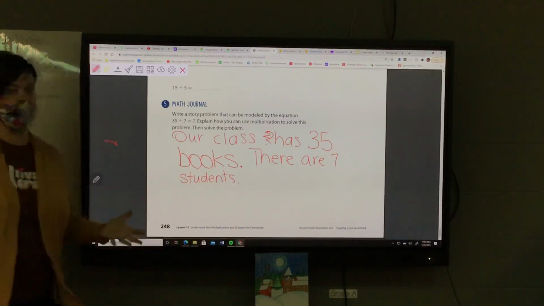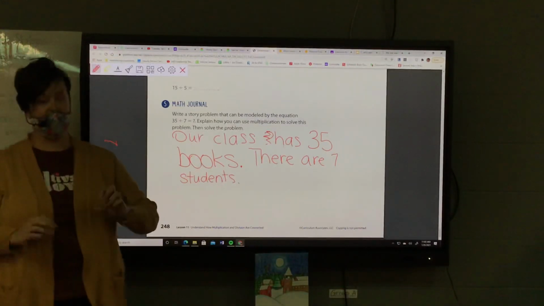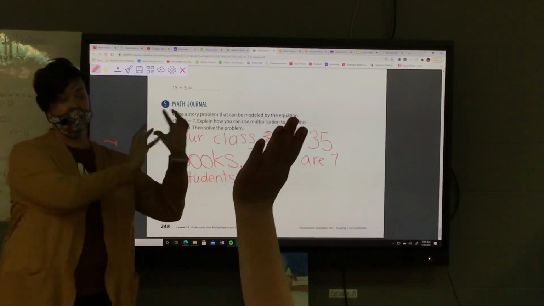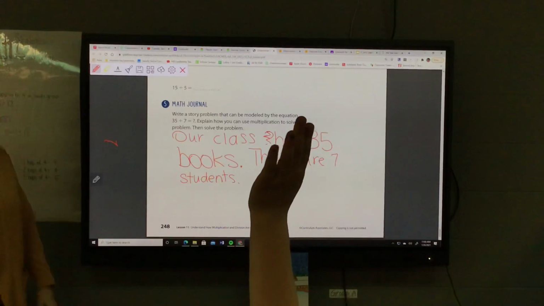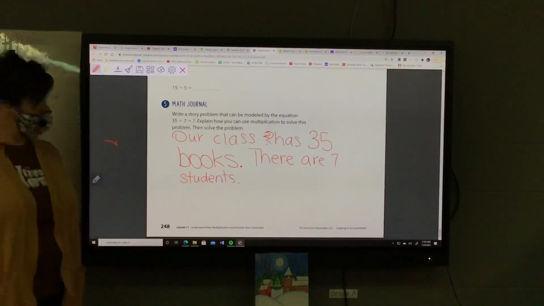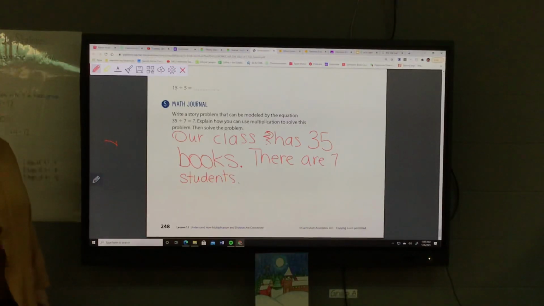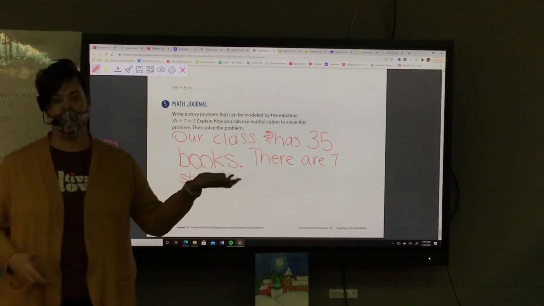What's our question going to be then? There's 35 books in the class. There's 7 students. So what should our question be? Lucas? All 7 of them want to split into 2 equal groups. We need to ask a question though, because we have to answer a question.